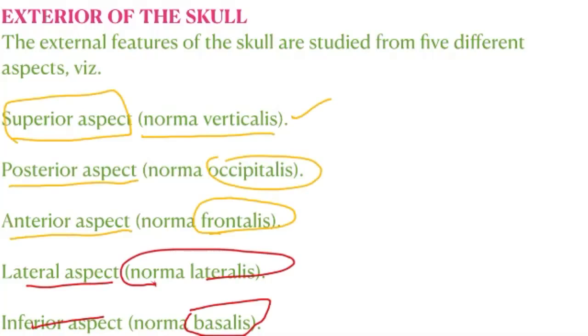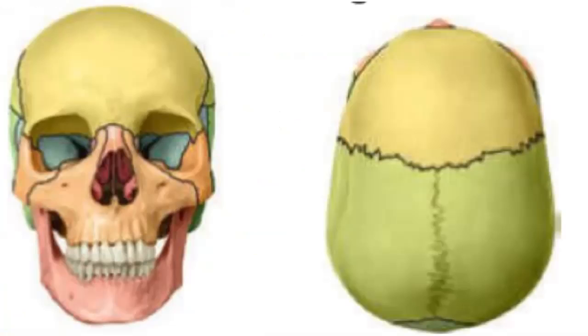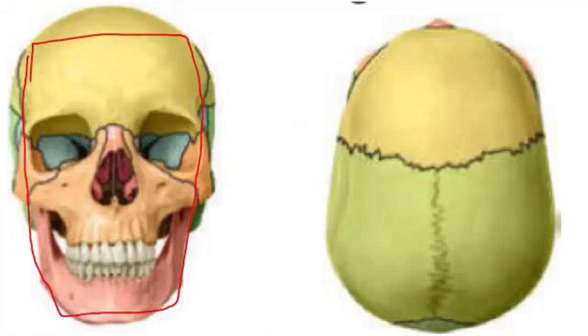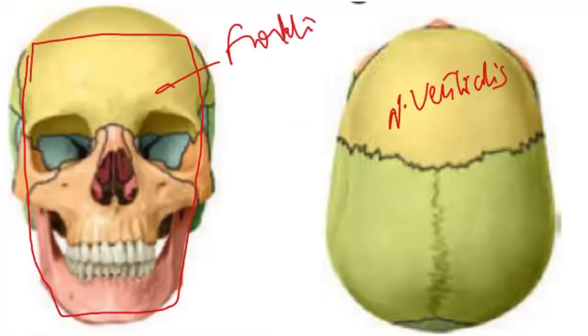Depending on your view, you see, we are only appreciating the frontal view, right? In this view you cannot appreciate the posterior view, right? So we cannot appreciate all views in a single view of the skull. Because of that, we study each view, right? This is norma frontalis. This is norma verticalis, right?